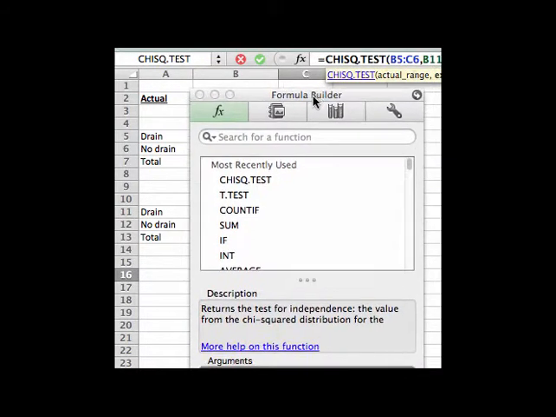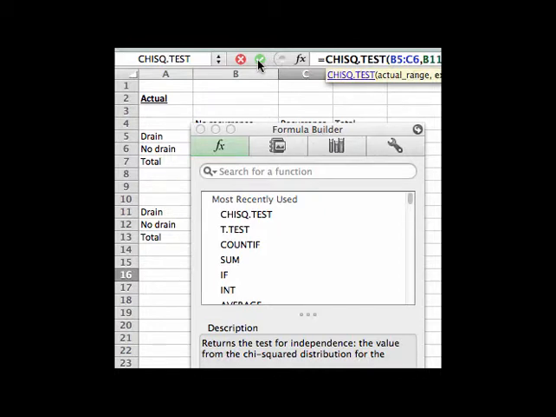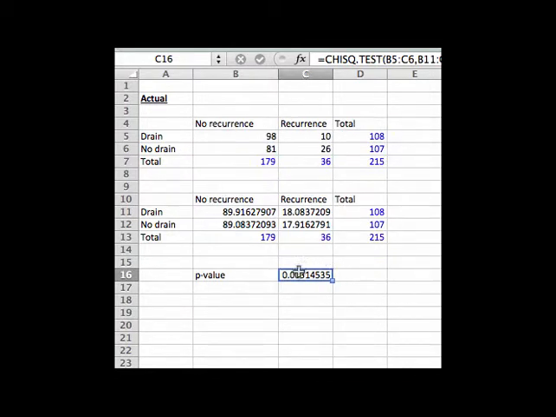So that's done, and when we press the correct sign, we will now get our p-value, which is 0.0031. So that's our probability that the difference between the two groups is by chance. The probability that the proportions of recurrence and no recurrence in the no drain and drain groups are by chance is 3 out of 1000, or 0.003.